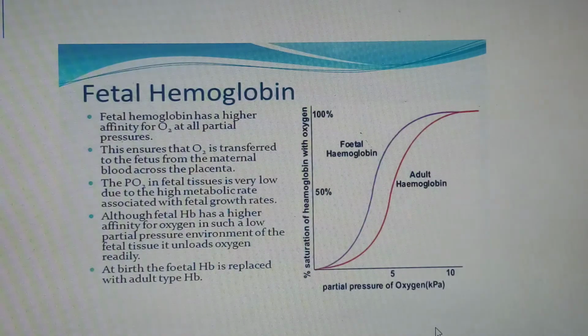Even individuals with sickle cell disease, especially sickle cell anemia, are given drugs such as hydroxyurea so that they can raise their fetal hemoglobin level to help them, because their adult form of hemoglobin is abnormal.